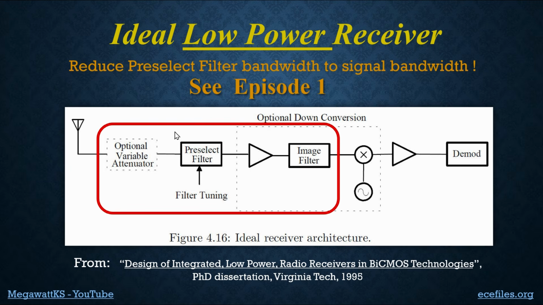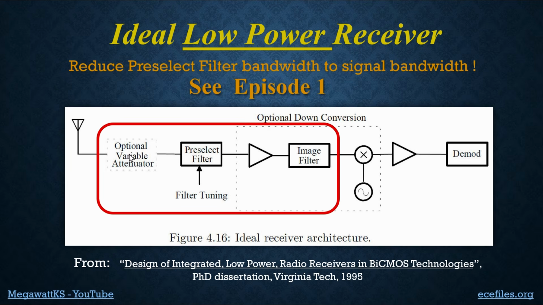If we can make that pre-select filter very narrow, i.e. the bandwidth of the signal that we're interested in only, and not let anything else through, then there's no other signals to hit the LNA and cause intermods. So the LNA doesn't have to run at very high powers to combat intermods, another thing we talked about in prior episodes. So it is this pre-select filtering that we need.